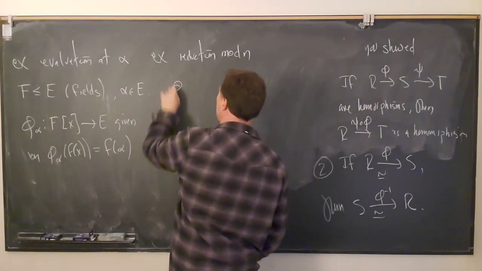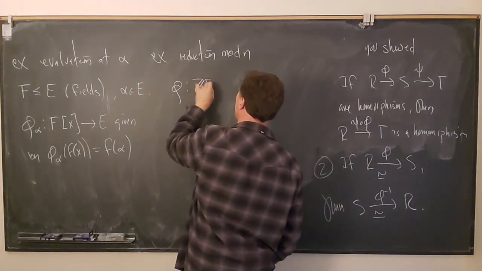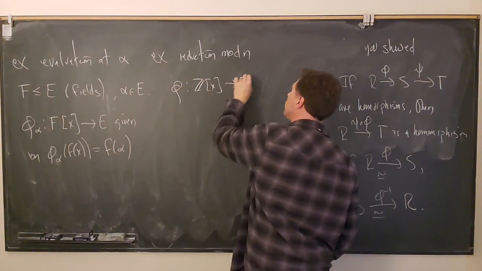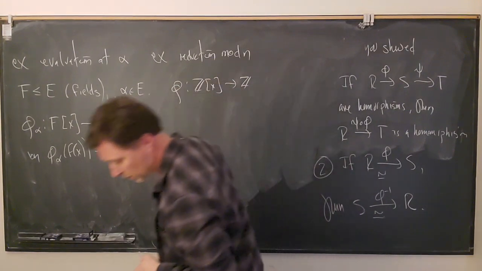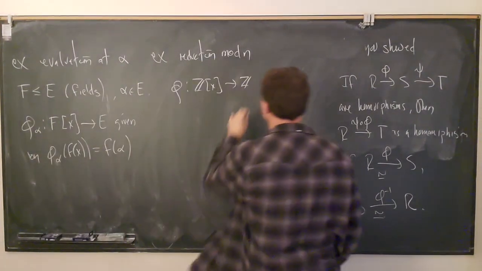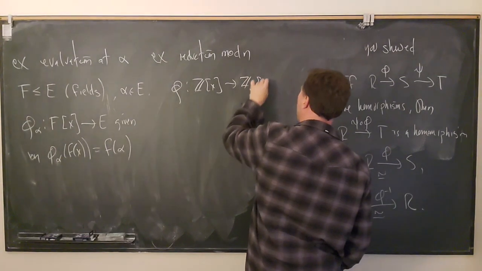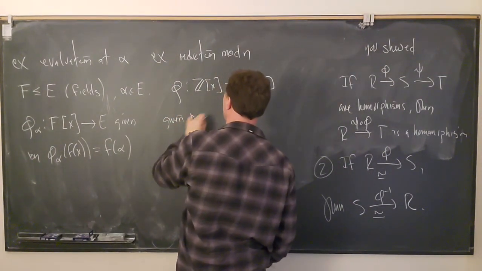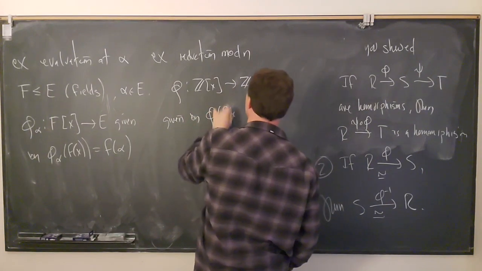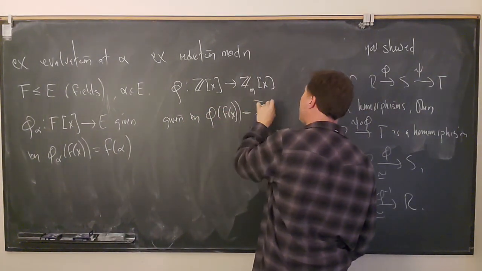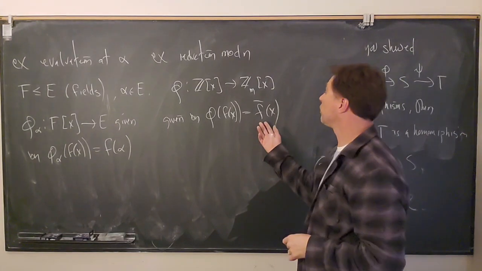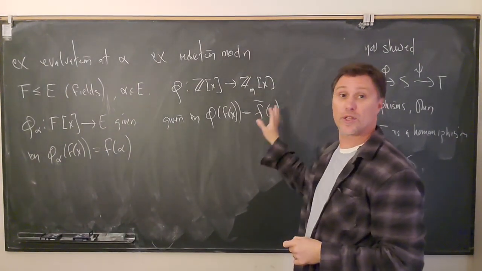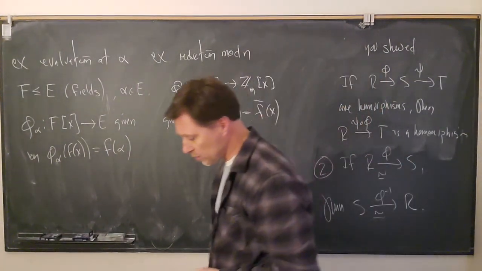That would be phi from Z[x] to Z sub m [x], given by phi of f(x), and remember, we'd use this notation f bar of x. So you reduce each of the coefficients of your polynomial mod m. Also a homomorphism.